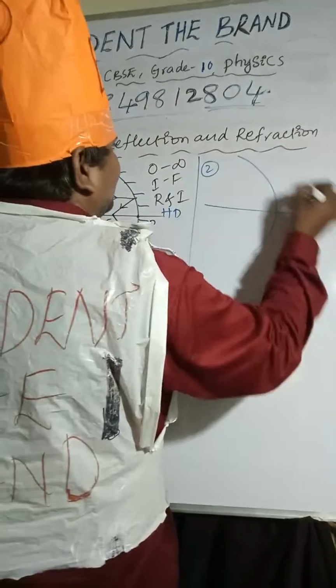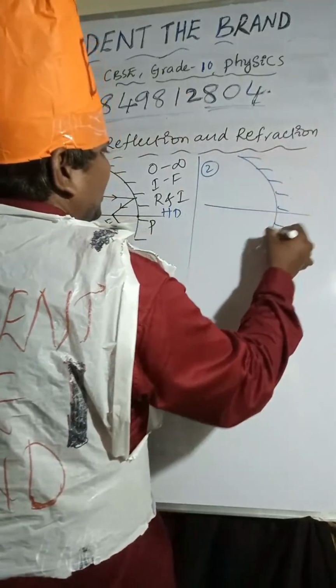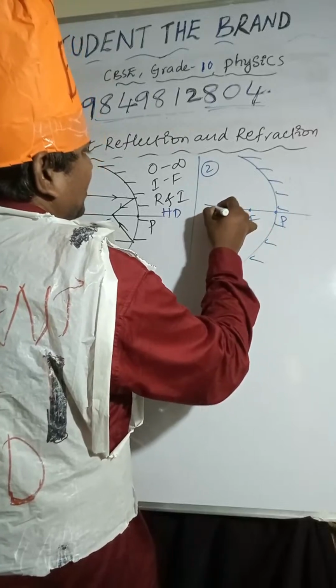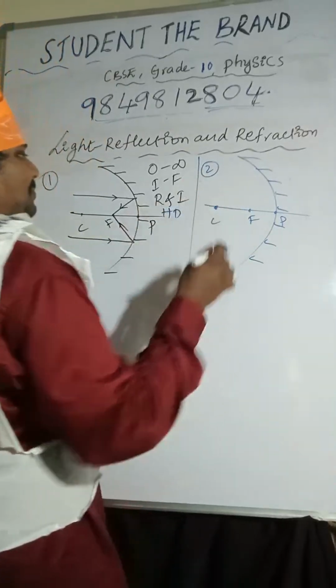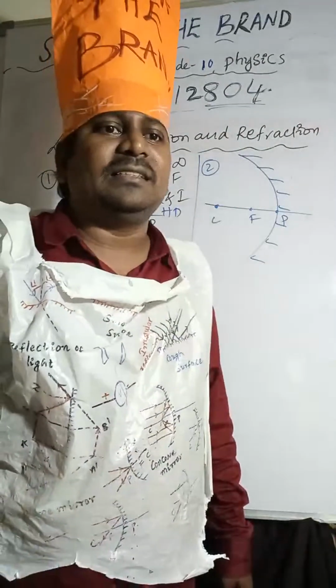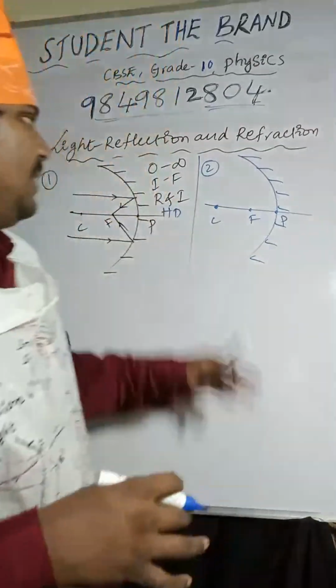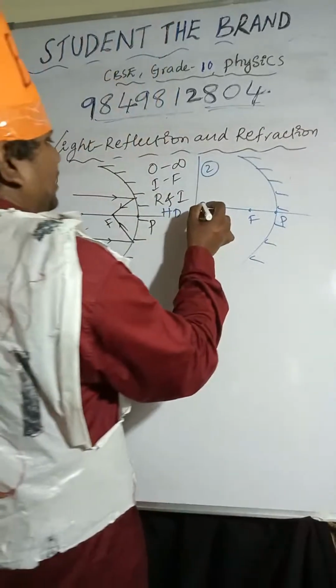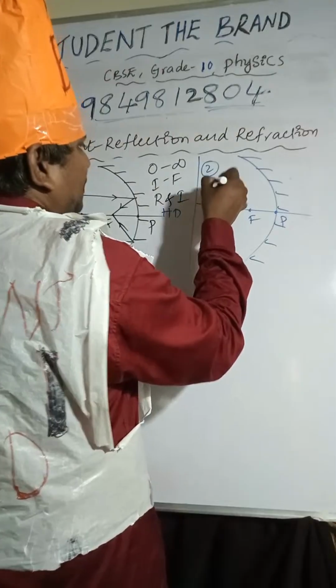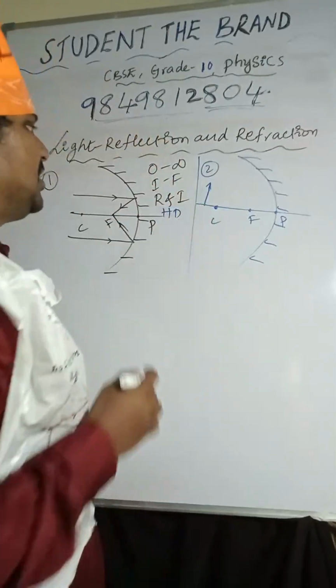Concave mirror: pole, focus, center of curvature. The object is placed beyond center of curvature.